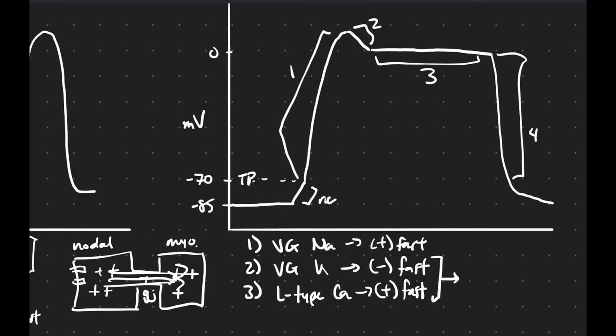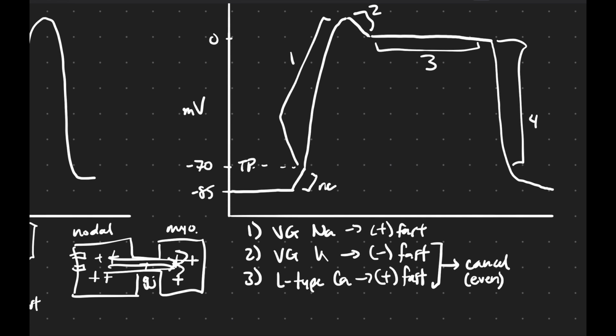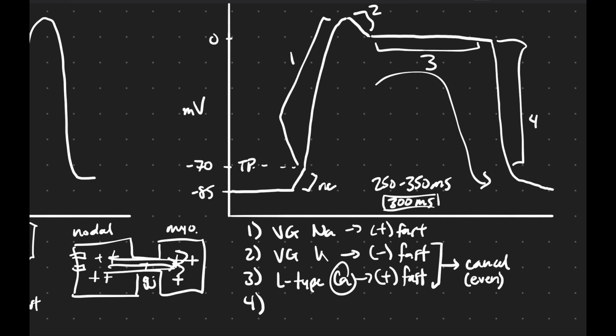But these two are going to cancel out, so that's going to even out our action potential here. And the calcium is actually the reason why these action potentials for the cardiac myocytes last so long, because we're not going back down for a period of time, which is anywhere from 250 to about 350 milliseconds. It's usually around 300 milliseconds for an action potential for a myocyte.